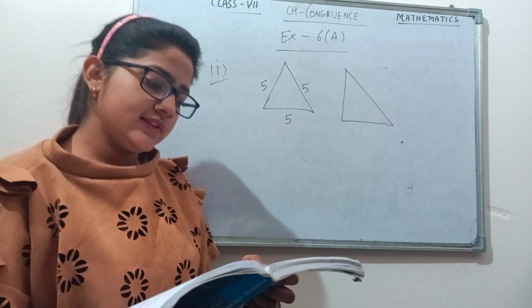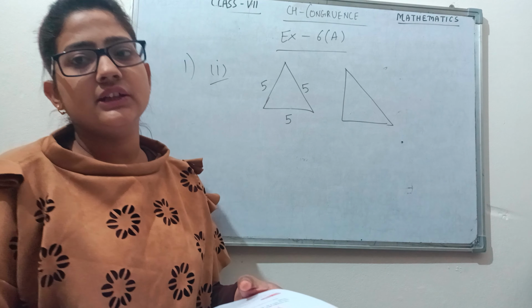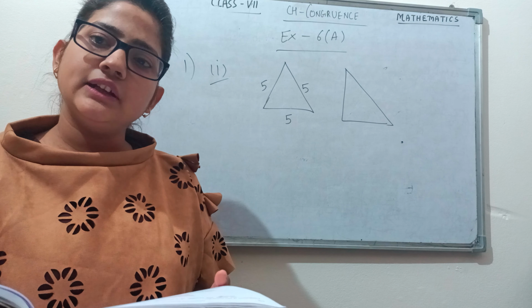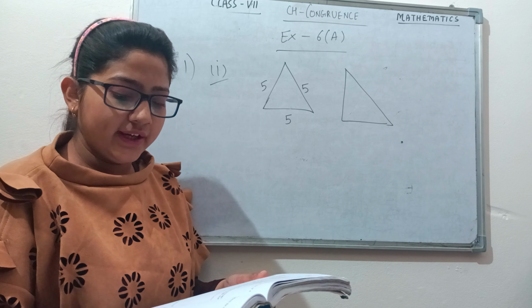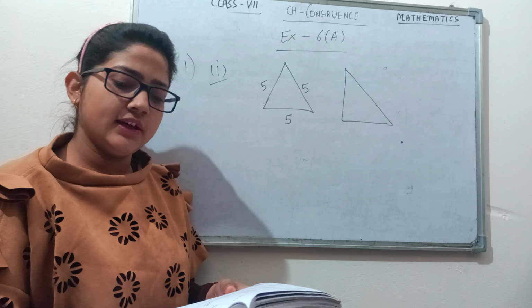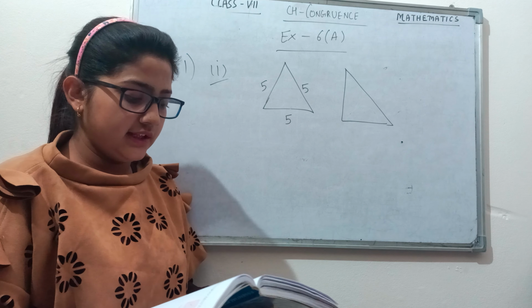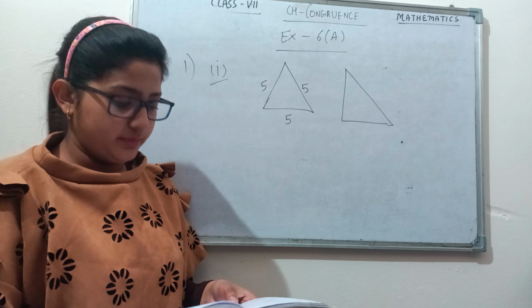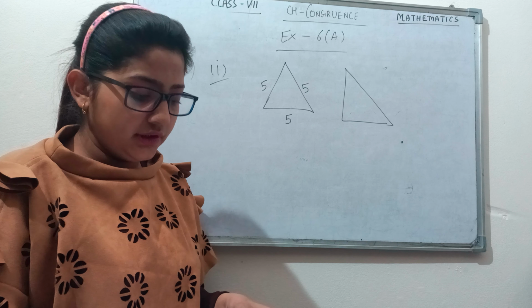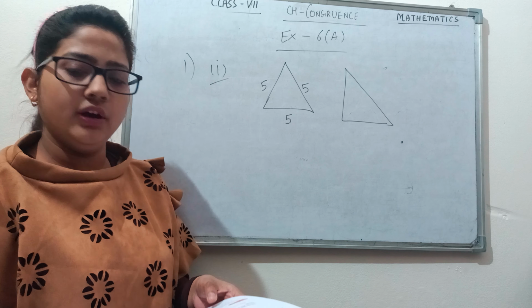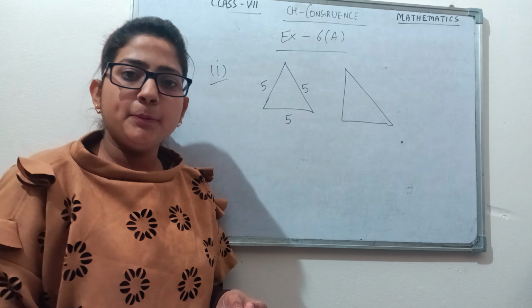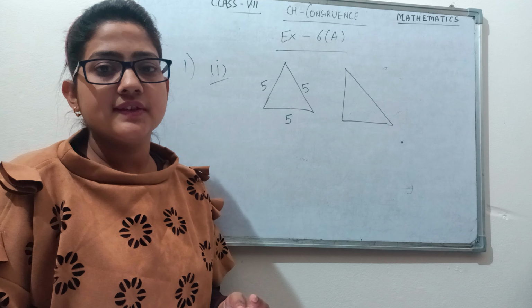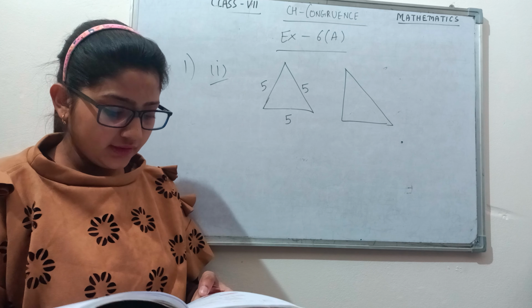Second is all circles are similar. All circles are similar because all circles have the same shape. Next is all squares are similar. All squares are also similar because they have the same shape. All equilateral triangles are similar. All equilateral triangles are also similar because the shape of all equilateral triangles is the same.